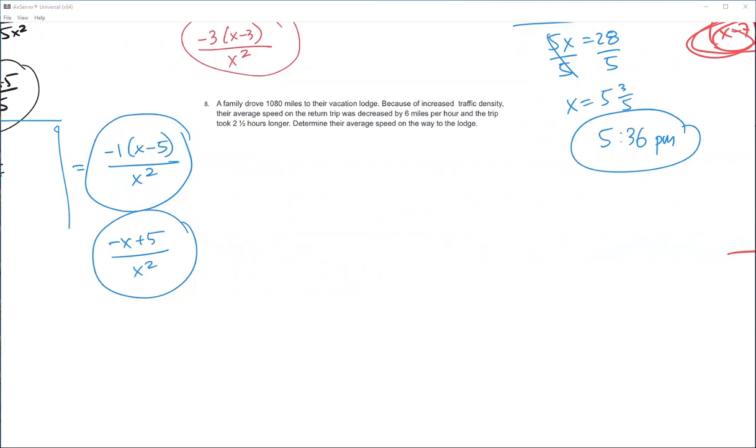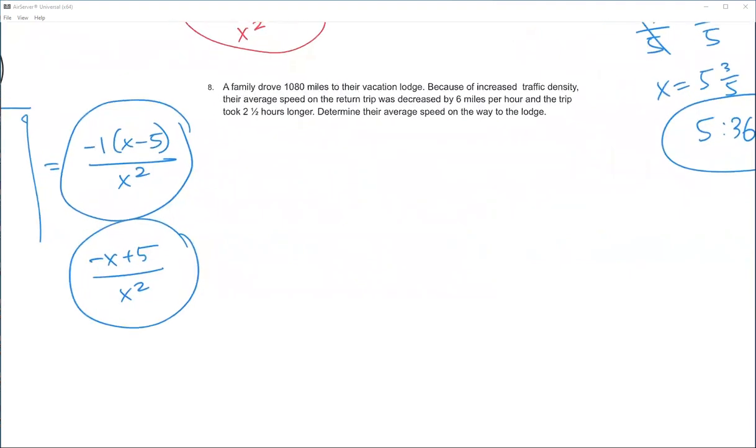All right. So remember that formula. Distance is equal to rate times time, correct? Let's make R equal to the rate going to the vacation lodge.